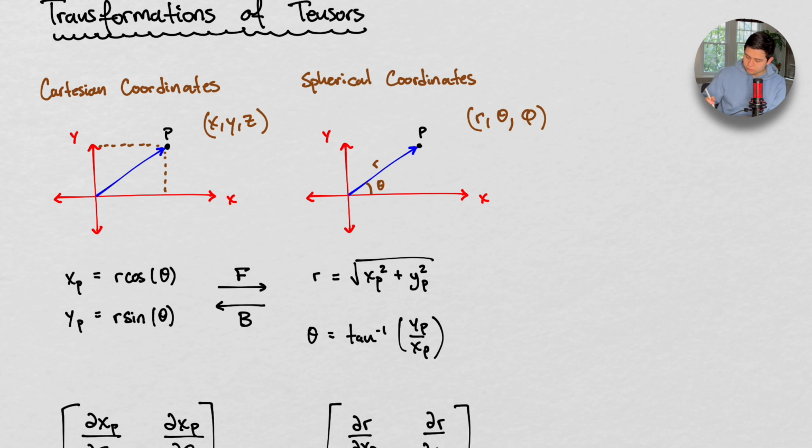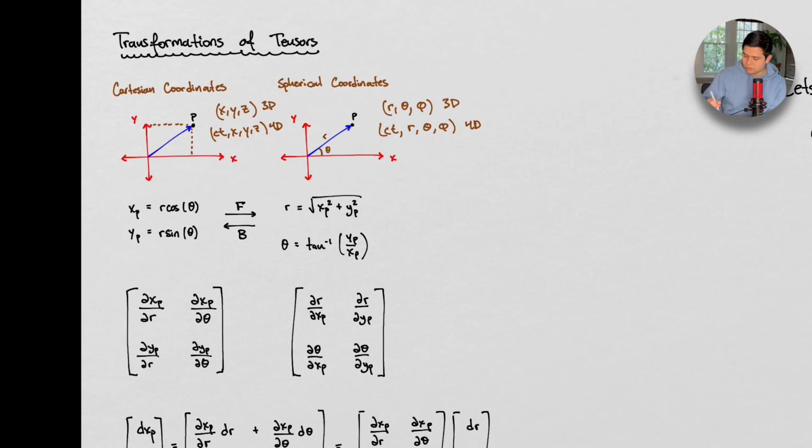Okay. For 4 dimensions, we have ct, x, y, and z, and for spherical coordinates here, we have ct, r, theta, and phi. Okay, so this is 3D, this is 4 dimensions. Right now we're just taking a look at the 2-dimensional case, just for simplicity.